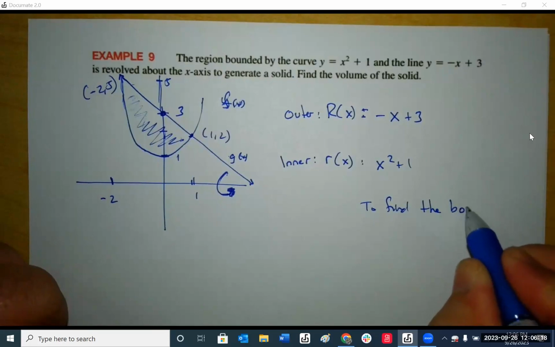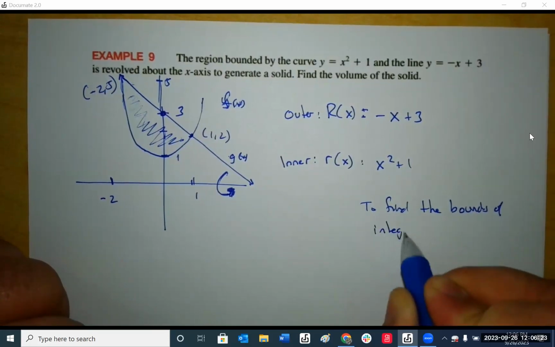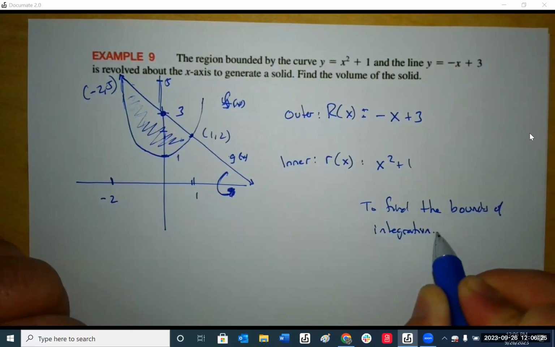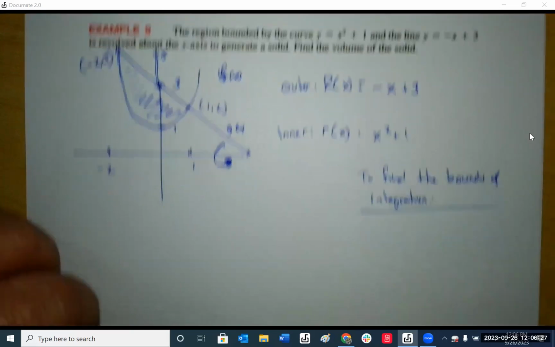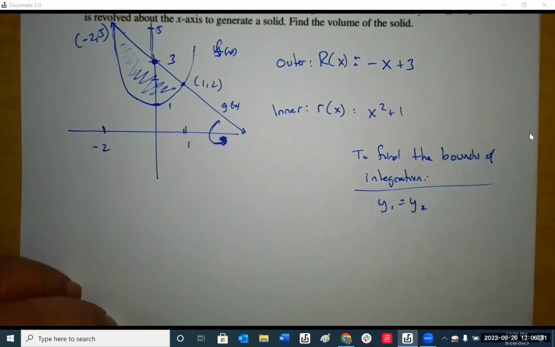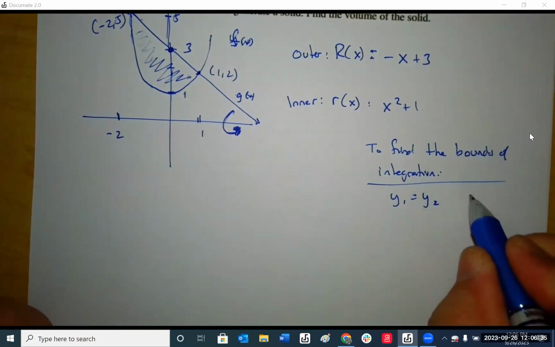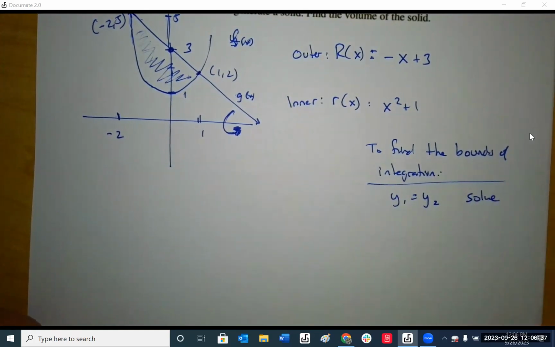So the bounds of integration: set the equations equal to each other and solve.